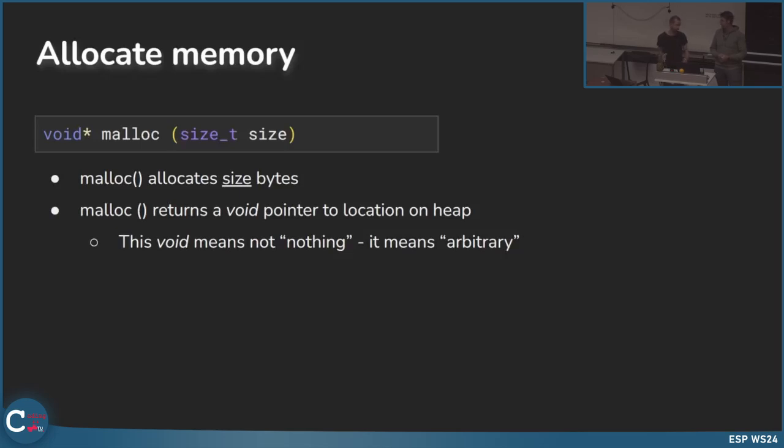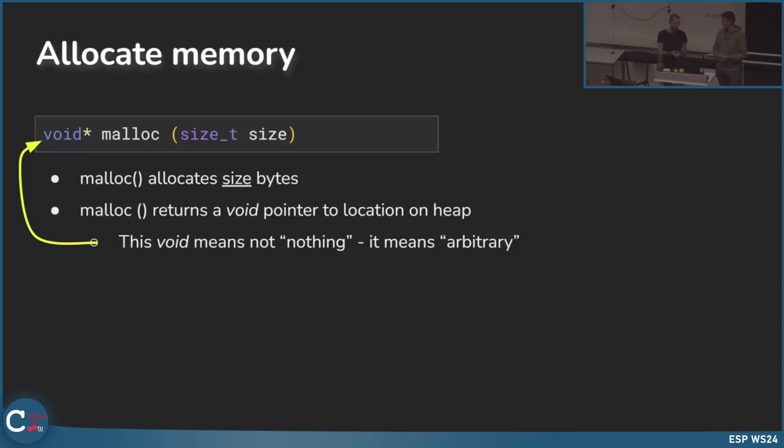Most of the time, you need an array of, let's say, 100 bytes because you want to store 100 characters inside. Then you call malloc, and what malloc returns is a void pointer to the location on the heap. Void here means not nothing, it means arbitrary. So it's up to you how you use this memory.